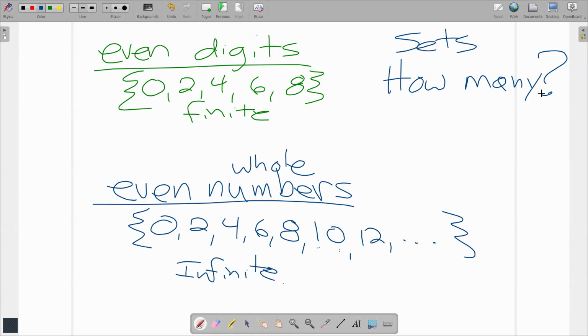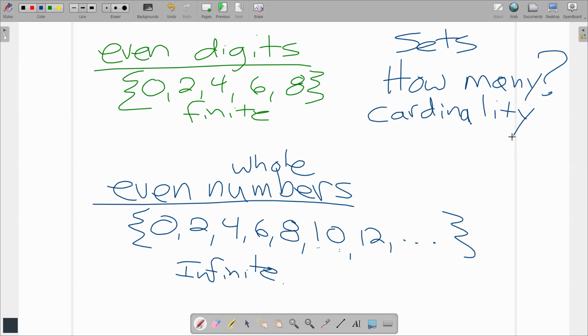When we ask the question, how many are in a set, that's the idea called cardinality.